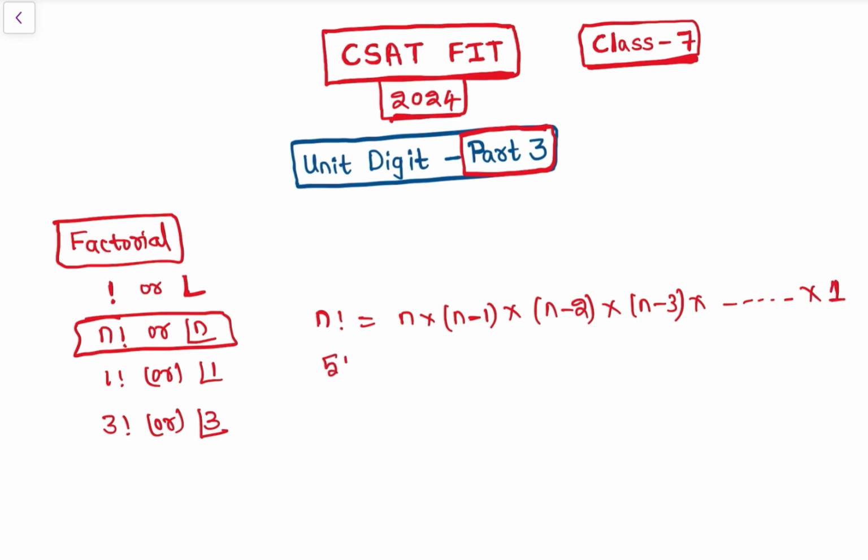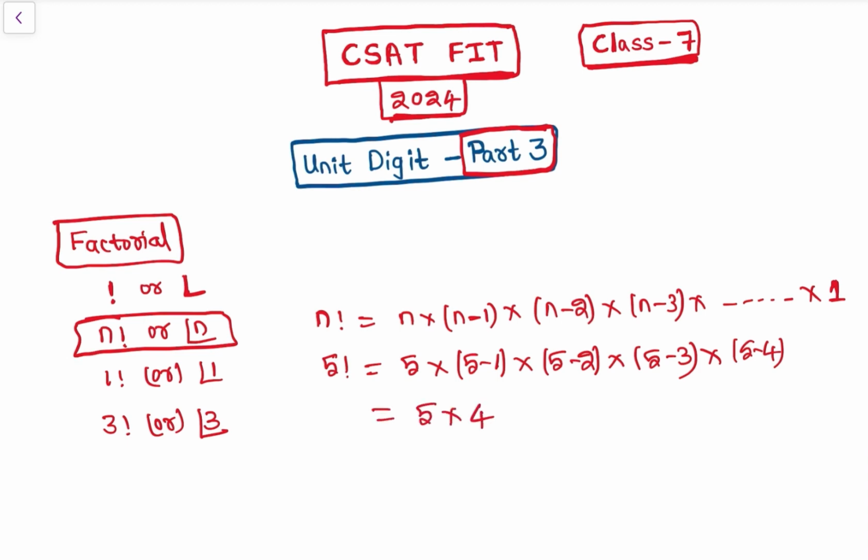We write it starting with the number 5, then 5 minus 1, that would be 4. Then 5 minus 2, then 5 minus 3 into 5 minus 4. 5 minus 4 is 1, so 1 has to be the last one, right? So it would be 5 into 4 into 3 into 2 into 1. ठीक है, that is 5 factorial.